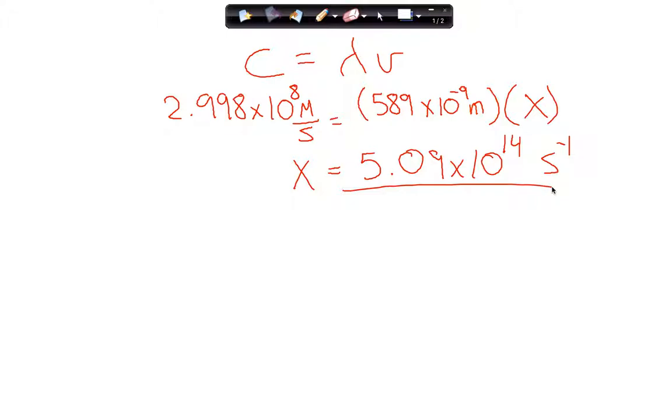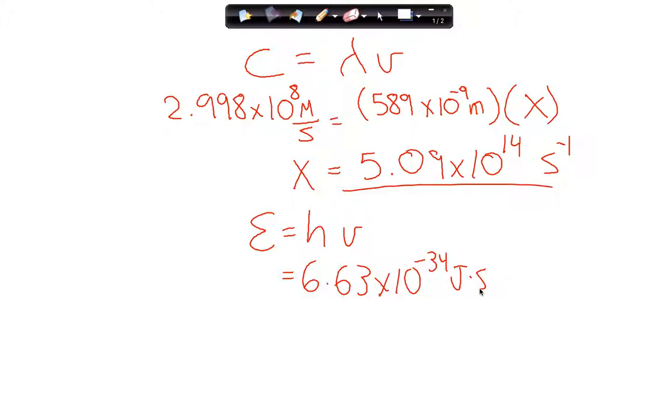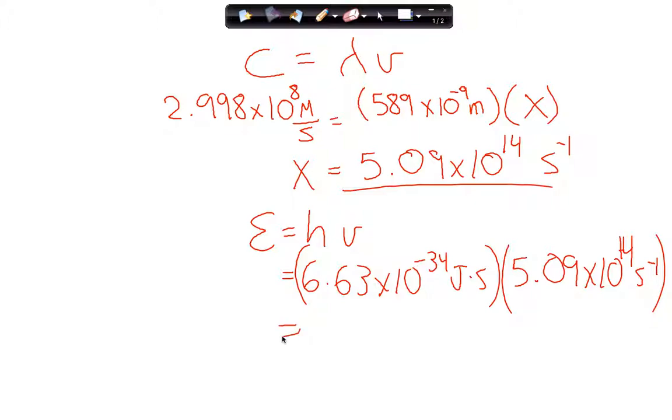It's our next equation. E is equal to h nu, where h is 6.63 times 10 to the negative 34th joule seconds, multiplied by 5.09 times 10 to the negative 14th inverse seconds. When we do that, seconds cancel and we're left with joules.